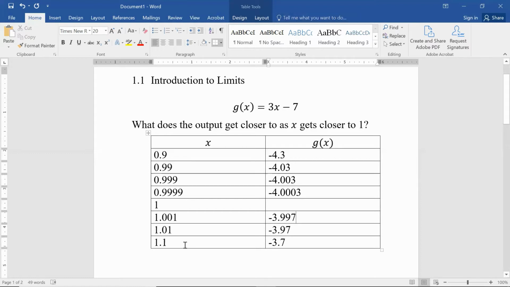Now, I didn't mention this before, but as you can see, our x values are getting closer. Typically the way I do it is I start about a 1/10 off of the actual value, and then I get closer by factors of 10. So 1/10 off, 100th away, 1,000th away.